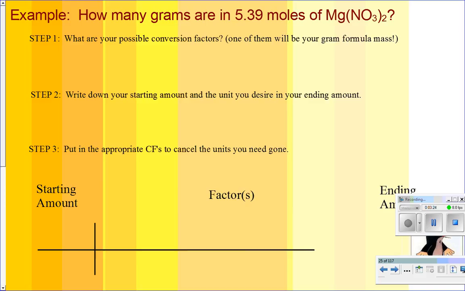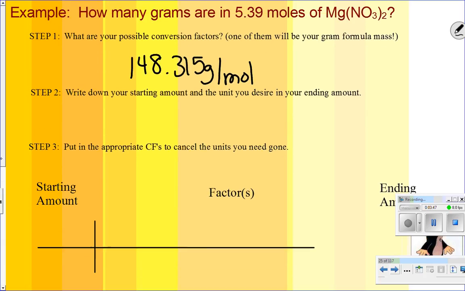For the next problem, we're going to look at magnesium nitrate. Magnesium nitrate's gram formula mass is 148.315 grams per mole, which I can write as either 1 mole on top or 1 mole on the bottom, like I did in the last problem. So I'm just going to jump down to my little picket fence down here.